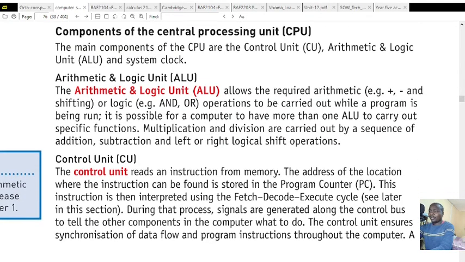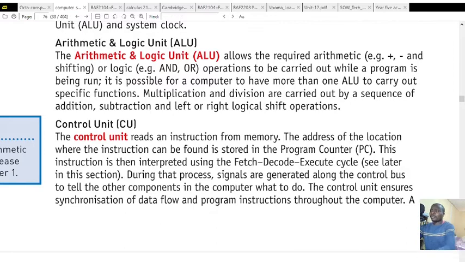Then we have the control unit. Now the control unit reads instructions from the memory, the address of the location where the instruction can be found, or where it is stored, in the program counter. This instruction is then interpreted using the fetch, decode, execute cycle, which we're going to look at later on in this series.